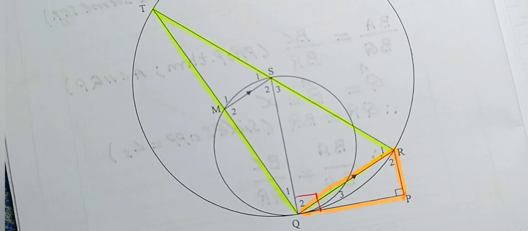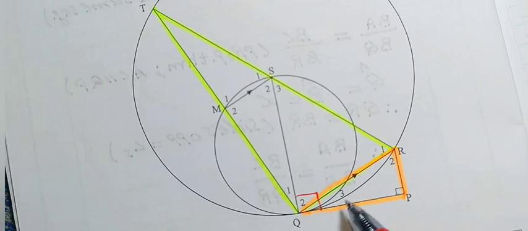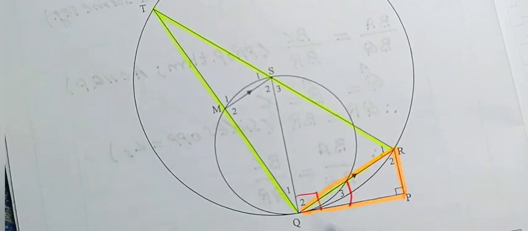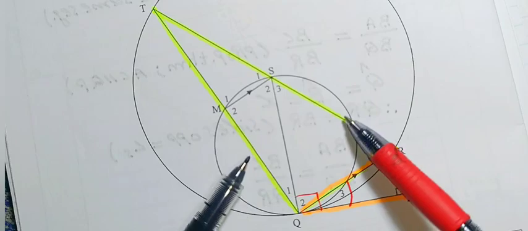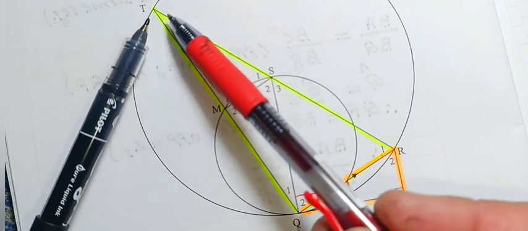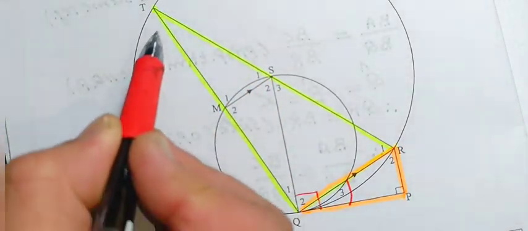Have a look here, the angle Q3. Must remember PQ is a tangent, a common tangent to the smaller circle as well as to the big circle. So this is the chord now, QR, and this angle Q3 here is going to be forming another angle by the tan chord theorem.